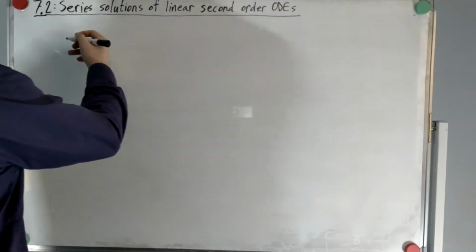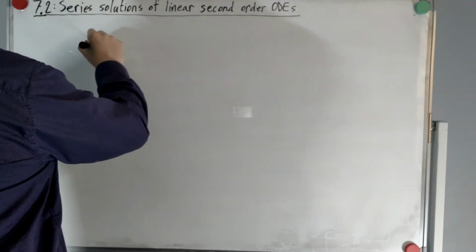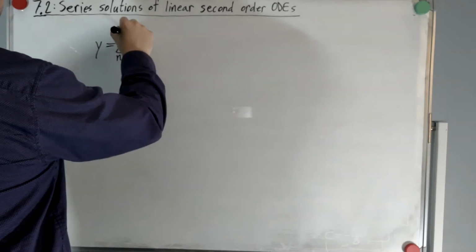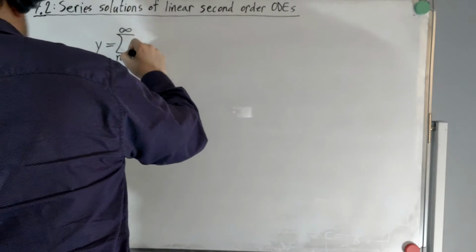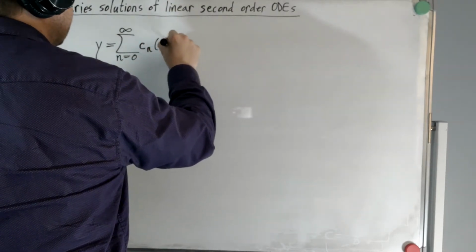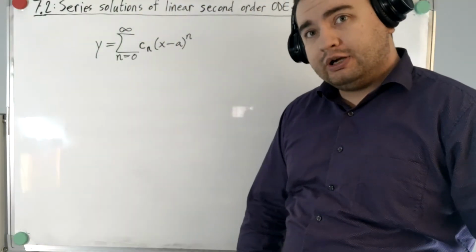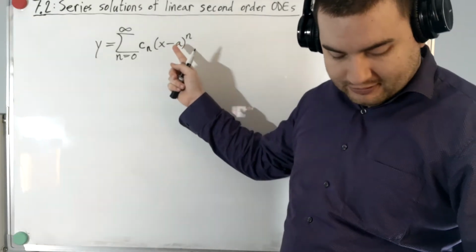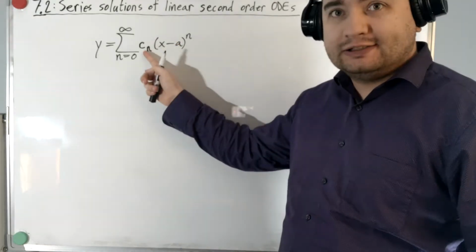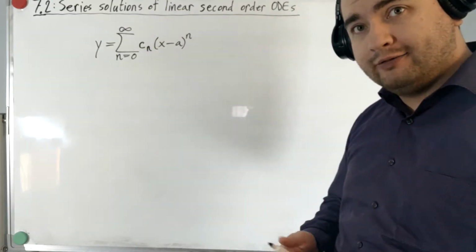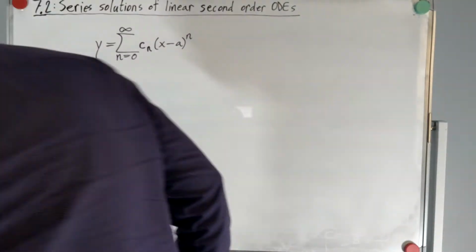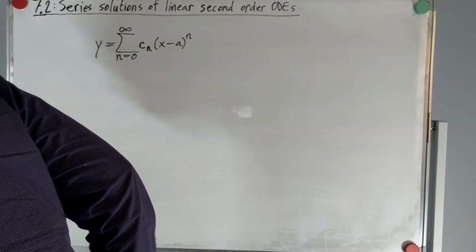You see, that involves asserting a solution of the form y equals sum from n equals 0 to infinity of Cn (x minus a) to the n, and then trying to find, first of all, a, but more importantly, the constant Cn for each value of n.